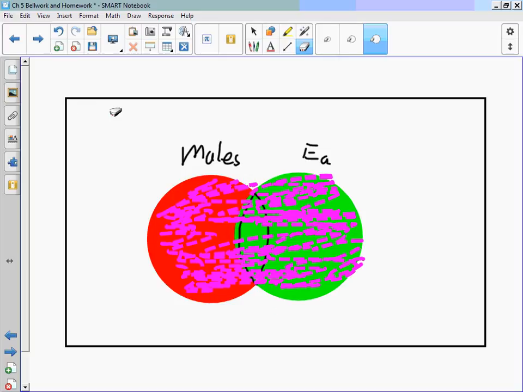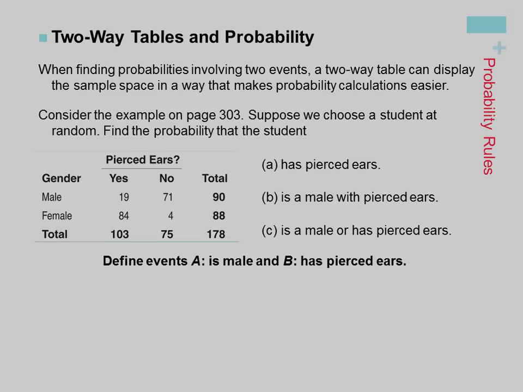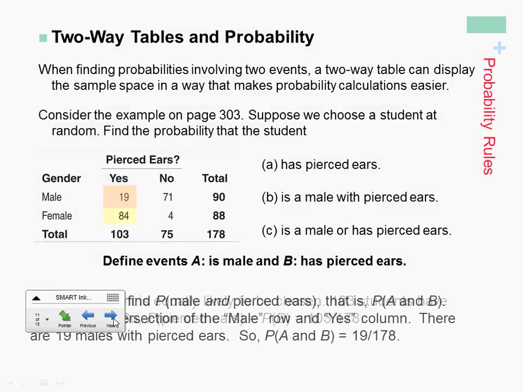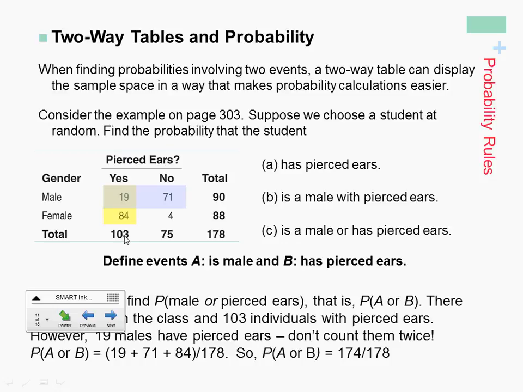A lot of people like to say, okay, if they have pierced ears is 103, and they want to add 90 to that, that would be 193 out of 178. That doesn't make sense, though. Remember, I can't have anything more than 178.